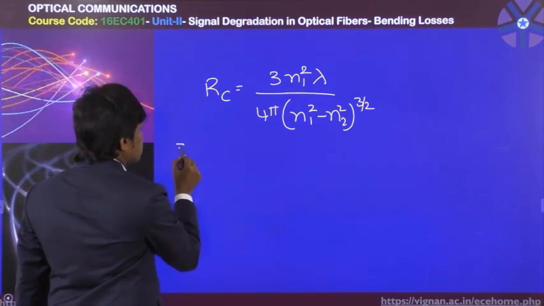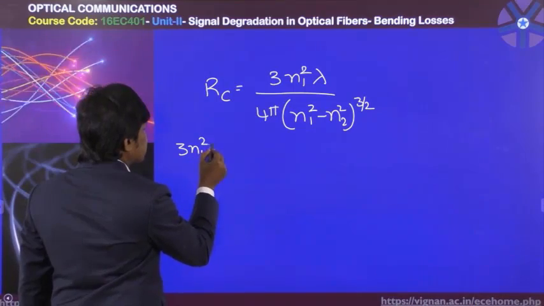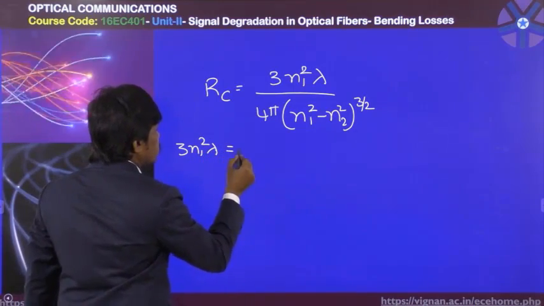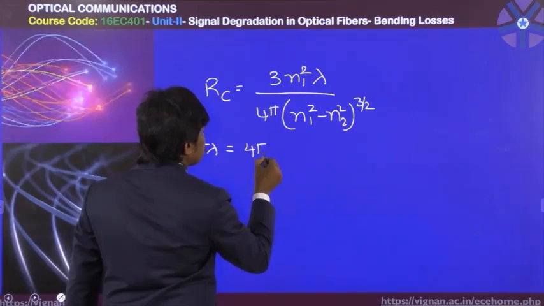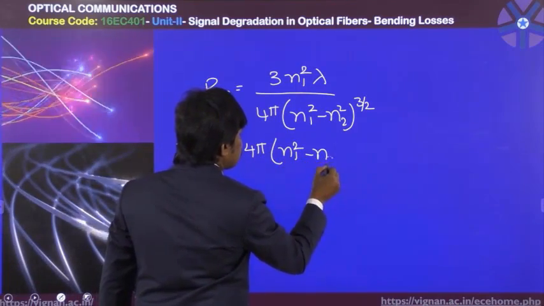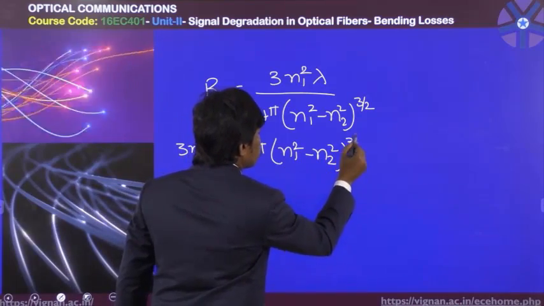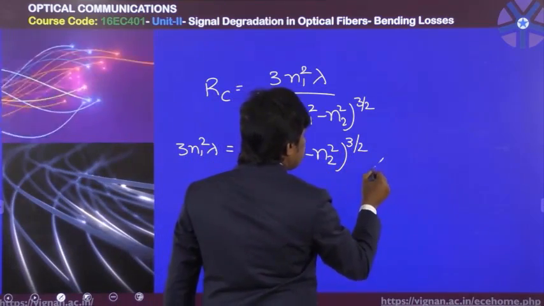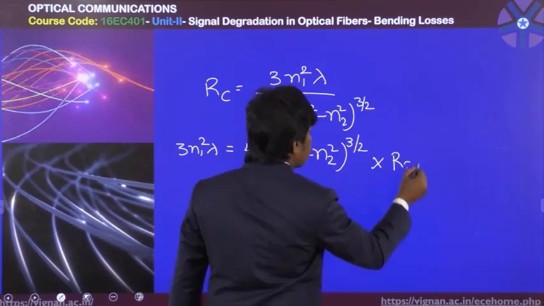So 3 n1 square lambda is equal to 4 pi (n1 square minus n2 square) whole power 3 by 2 into RC.